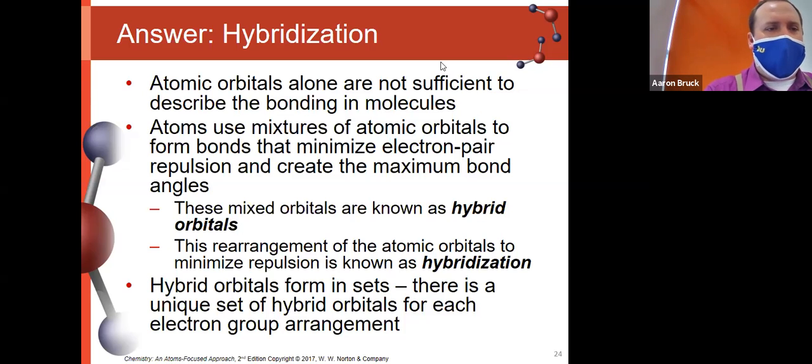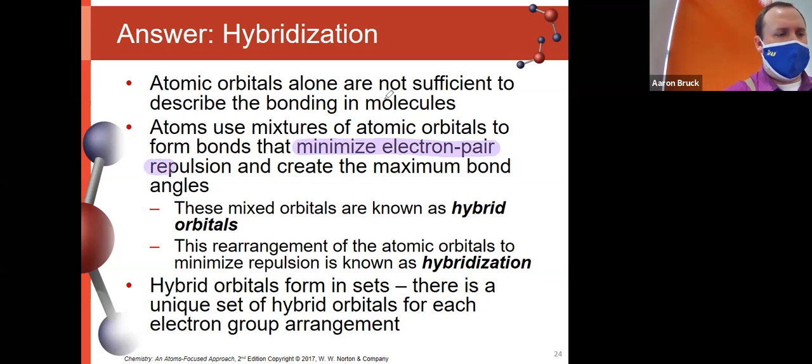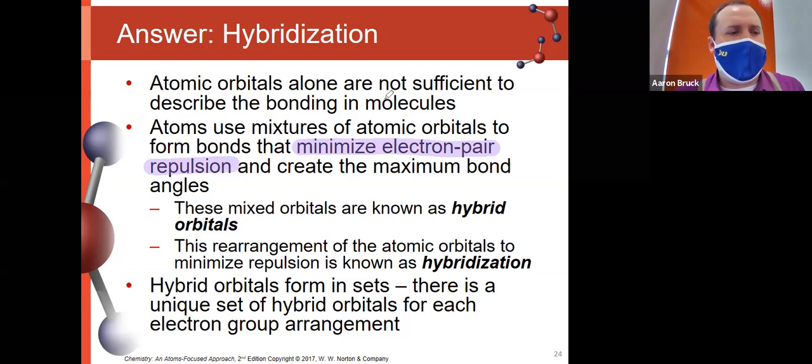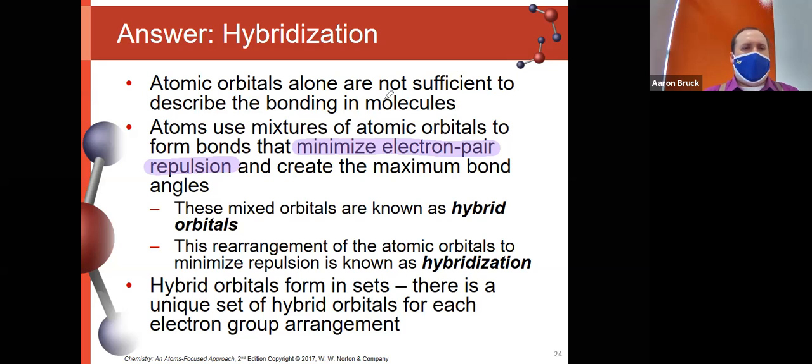And so I want to highlight something in particular in this definition. Using mixtures of atomic orbitals to minimize electron pair repulsion.